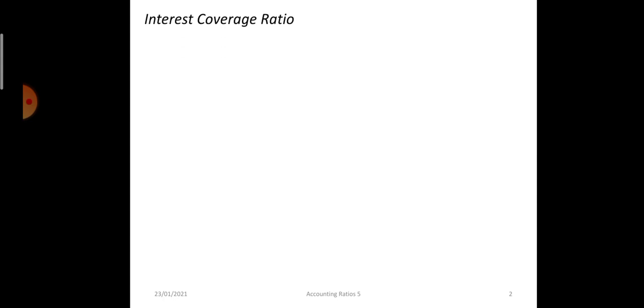Interest coverage ratio expresses the relation between the profit earned by the business and the amount of interest payable. It is considered that if the profit is covering interest payable many times, then it is good for the investors.